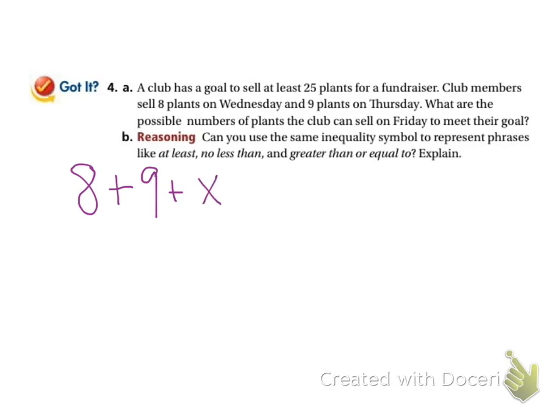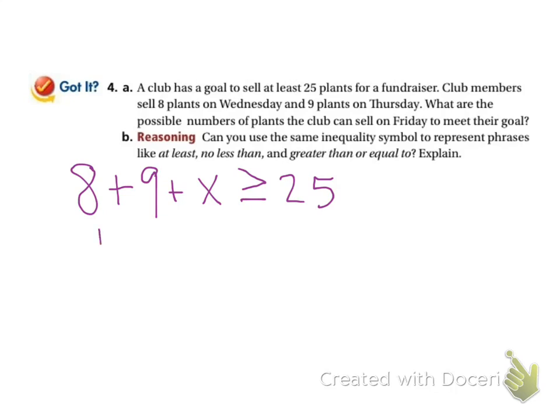All of that added up needs to be greater than or equal to 25. The smallest it can be is 25. I would love for however many we sell to be like 100 or to be 200, right? So I would love for this side to be even bigger than 25, but the smallest it can be is 25. And then I can solve.